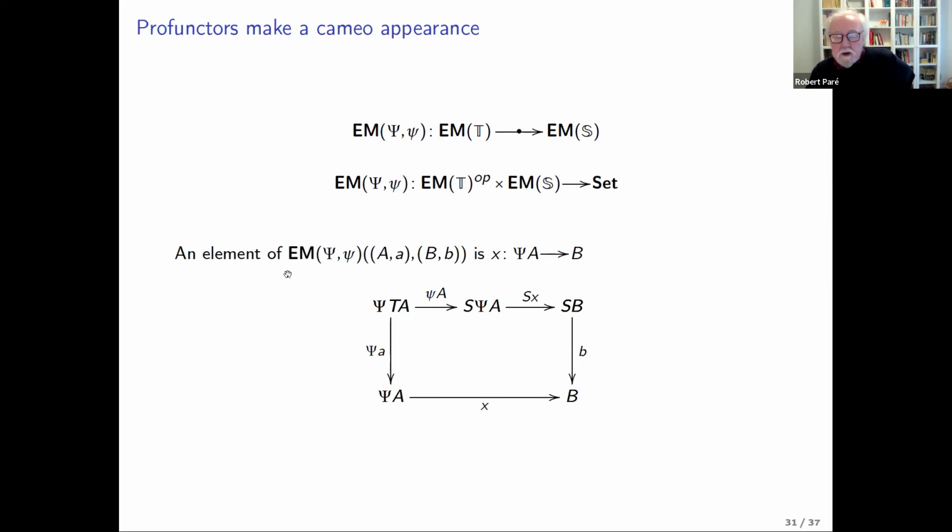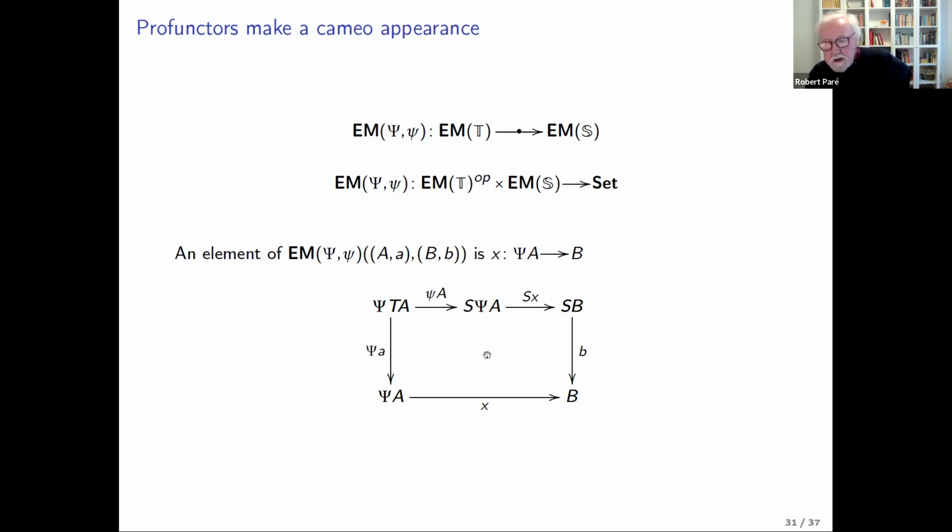And so for the profunctor, an element in here is simply a heteromorphism, if you like, a map from psi of A into B, and you're trying to say that it's a homomorphism, but of course it doesn't make sense because if you try to write it down, it doesn't. But if you stick in this oplaxity here, then it does.